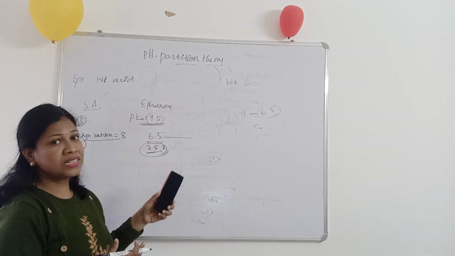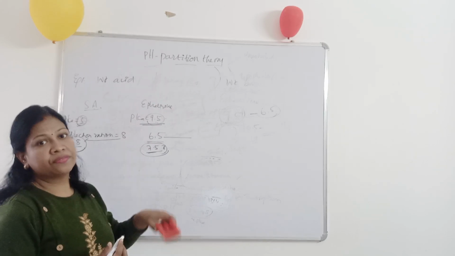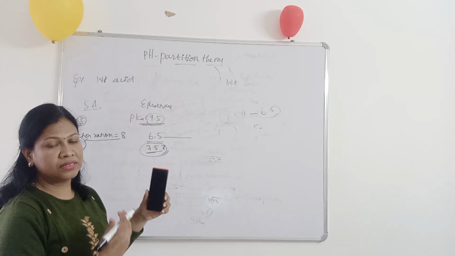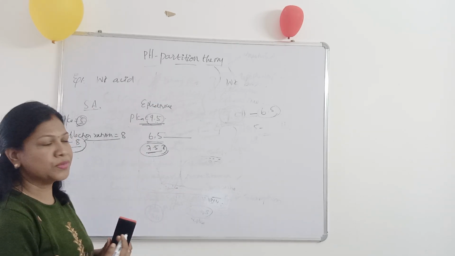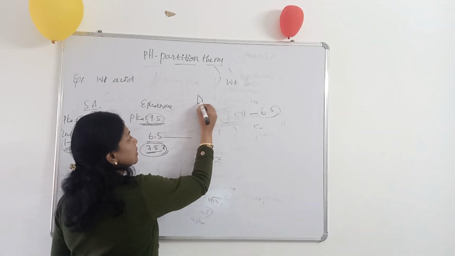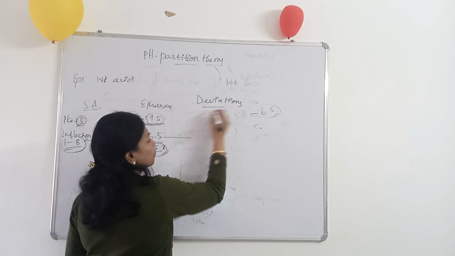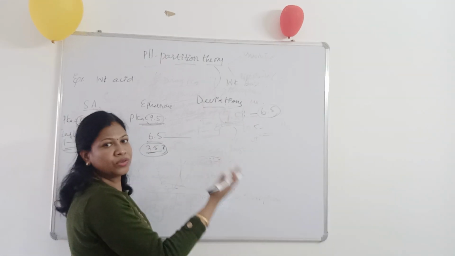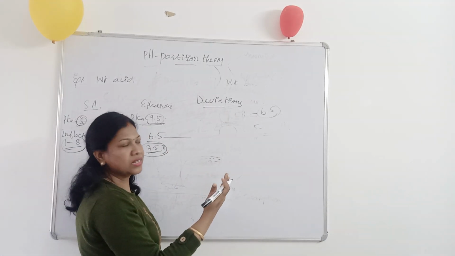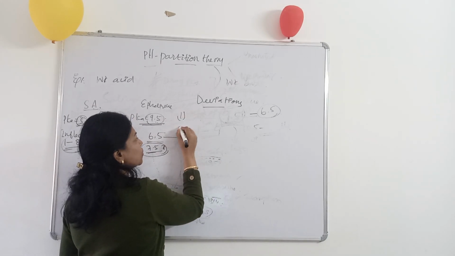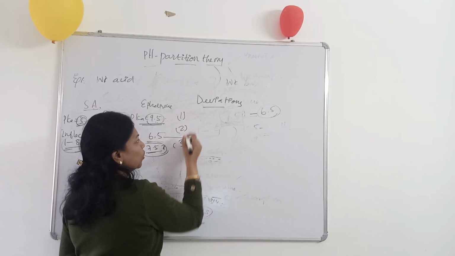So there are deviations from this theory when you consider the experimental or observed data. So why is there deviation? What are the reasons for deviation? When there is a shift from the theoretical value, deviation occurs. This is another important question.